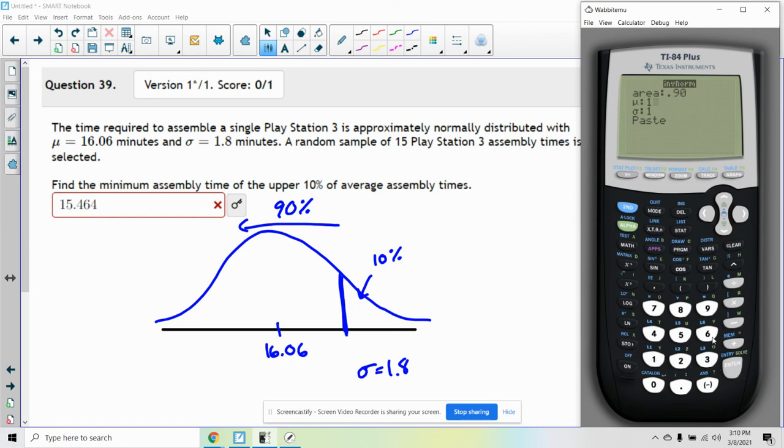My mu is 16.06, but since I'm talking about a sample, I have to change my sigma. It's going to be 1.8 divided by the square root of 15, the sample size. So we get 16.655, or 16.656.